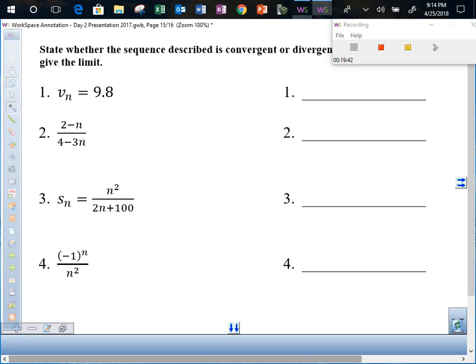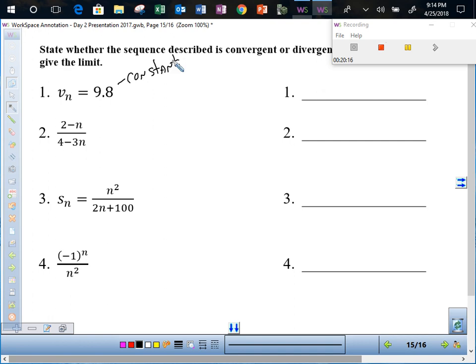I'm going to give you the sequence. Here's your number 1. I'm going to give you the sequence where it's the constant term of 9.8. Now, on this worksheet, we're going to say, does it converge or diverge? And then we're going to state the limit. Now, in this case, since this is a constant term, that is your answer.